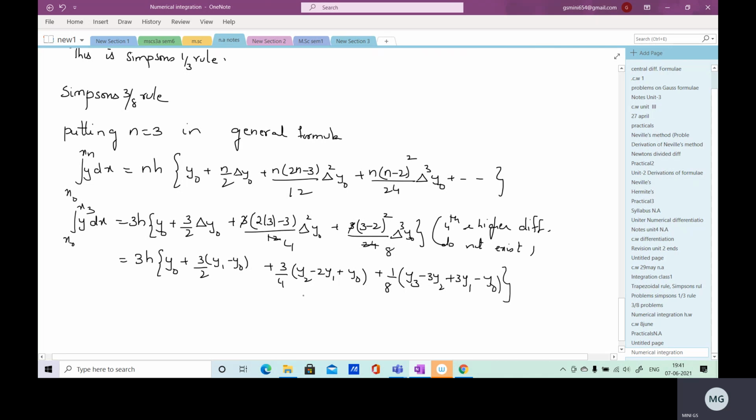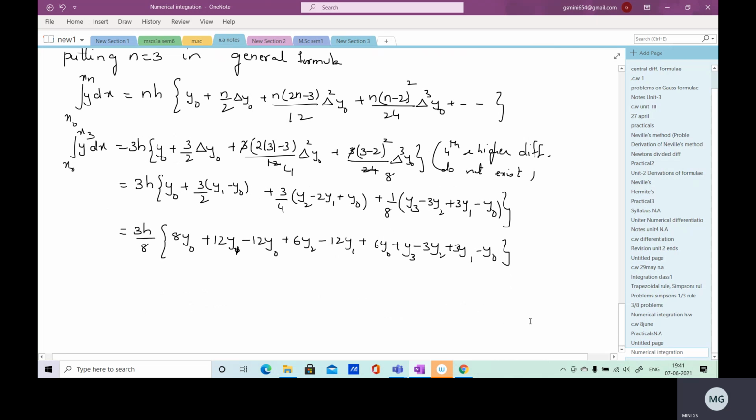Two ways: either you can take the LCM 8 now itself, or you do further simplification and then do it. So this is equal to 3h by 8 into 8y0 plus, remember here I am multiplying with 4, so 12y1 minus 12y0, plus here I am multiplying with 2, so this becomes 6y2 minus 12y1 plus 6y0, plus y3 minus 3y2 plus 3y1 minus y0.